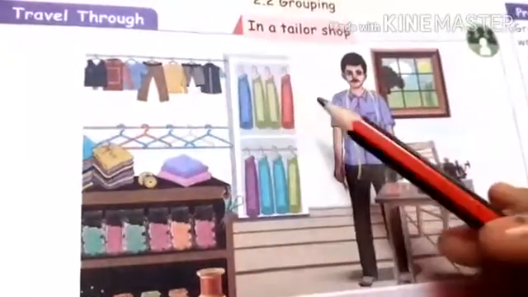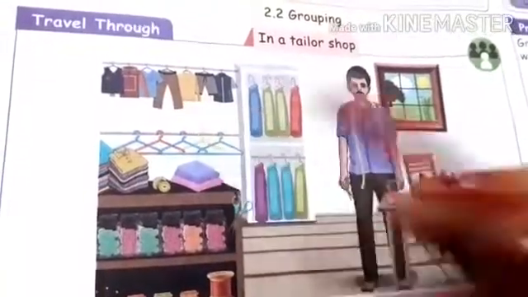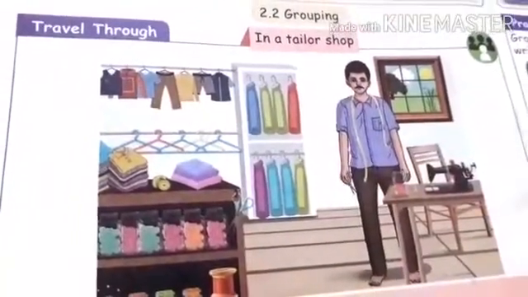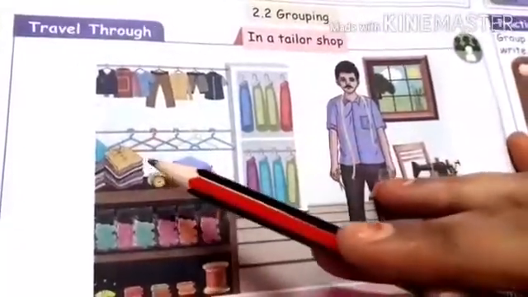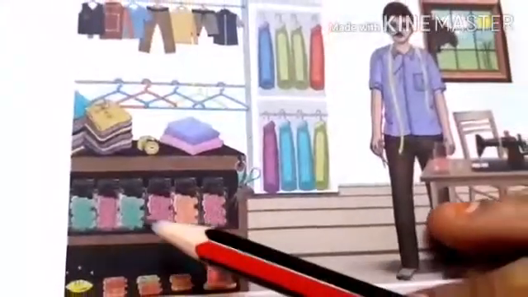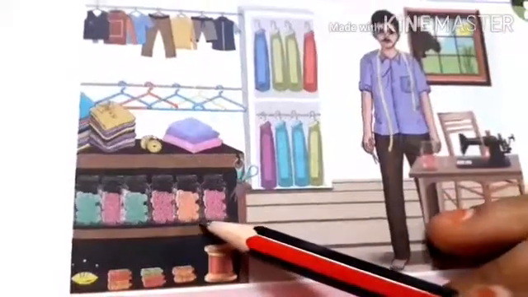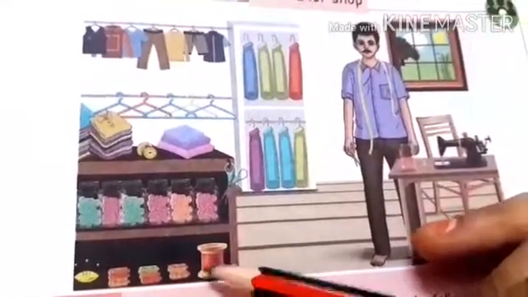Okay. So in tailor shop there is lot of clothes hanging, then sarees are hanging, then they have iron more clothes, and they have so many balls in the bottles, and they are having thread in another rack.